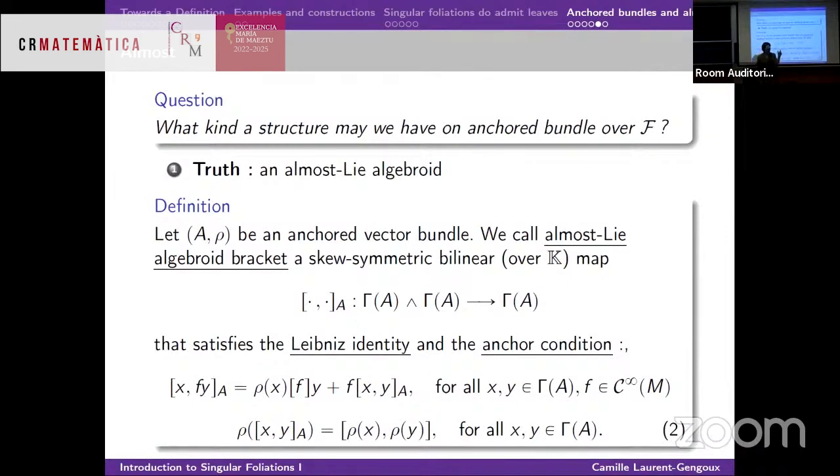So it induces a bracket on the kernel of rho at a given point. Again, not a Lie bracket, just a bilinear skew symmetric map. And as we said, the Jacobiator is valued in the strong kernel. So this bracket is not Jacobi, but if we quotient by the strong kernel, it becomes Jacobi. Also easy to check that by the anchor condition, the strong kernel is an ideal of your bracket. Okay?